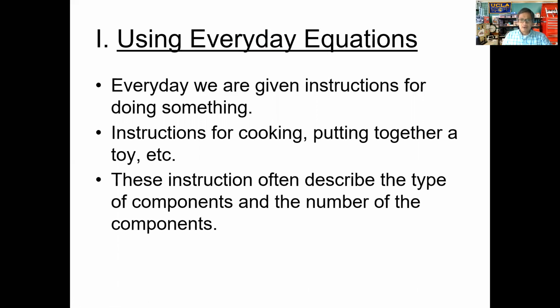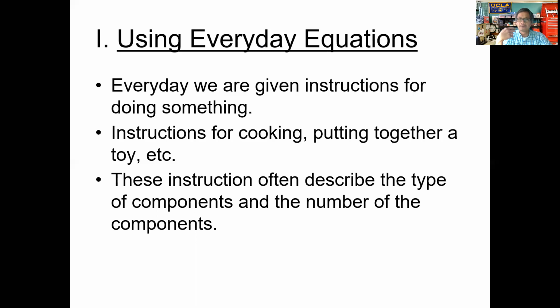All right. So what are a good set of instructions? Whenever you have a good set of instructions, it will provide for you the components that go into making your toy or your cookie or whatever you're cooking, but it also describes the amount of each. You need 2 cups of flour to make a cake.